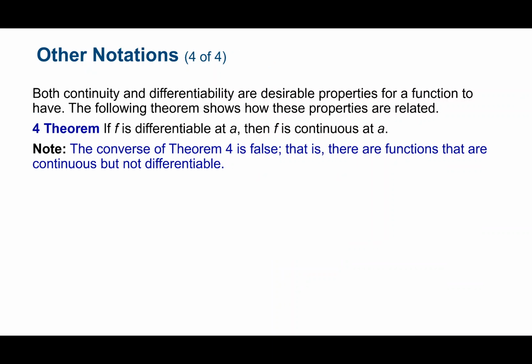Before we look at the other ones, let's get this last theorem out of the way. One more theorem. This one says if f is differentiable at some number, then f is continuous at that number, guaranteed. So if we know a function is differentiable at some x value or on some interval, then it's also continuous at those places.